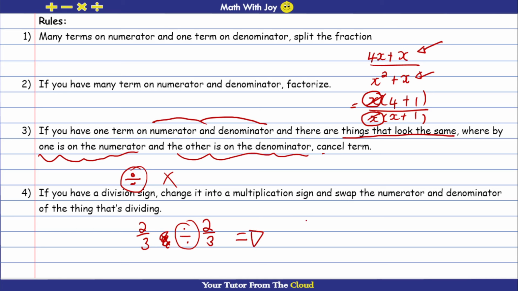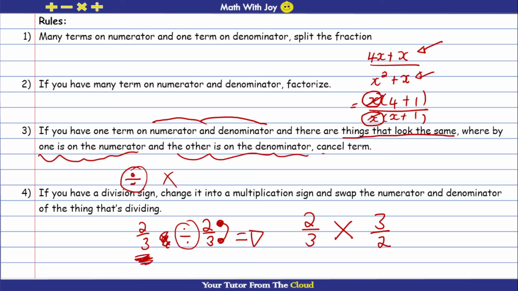So this will look something like 2 over 3, which is this initially. Now I change the division into a multiplication, and I need to swap the numerator and the denominator around. So the 3 that is a denominator is going to become a numerator, while the 2 that is a numerator is going to become a denominator. That's very important over there.